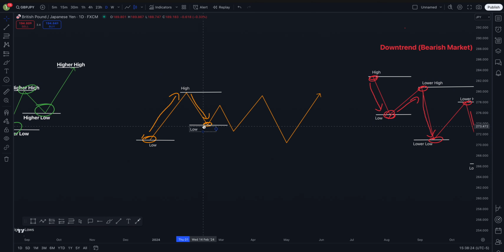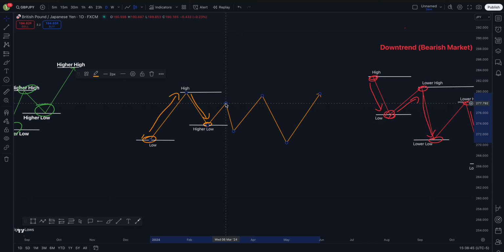Now, if this was an uptrend, guys, once we see a higher low form, we're looking for price to go and create a higher high. But price did not create a higher high.